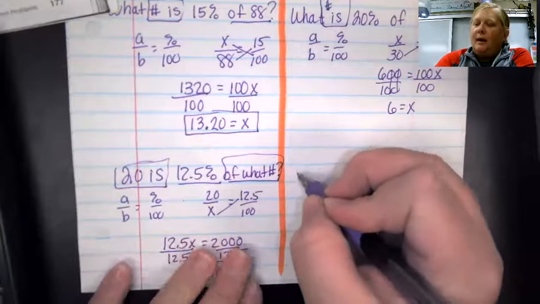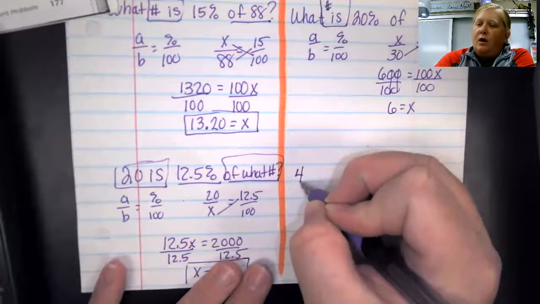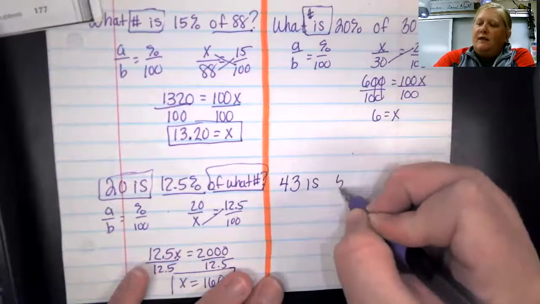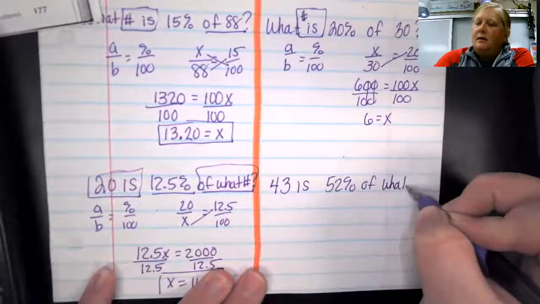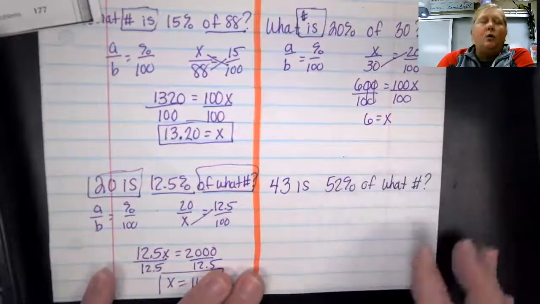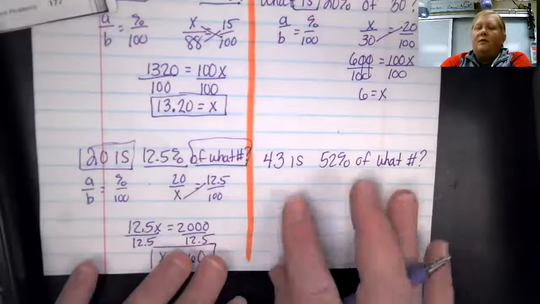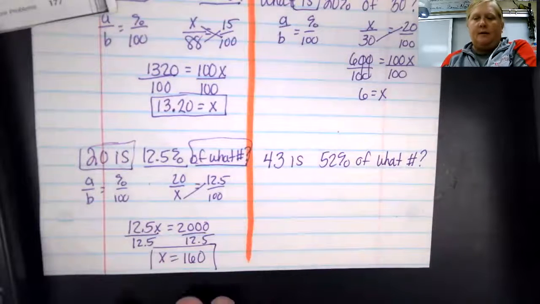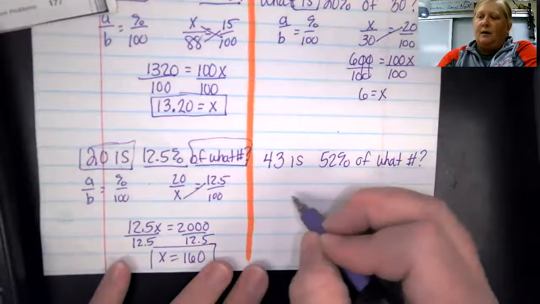Okay, an approval rating. 43 is 52% of what number? So when I surveyed the student body, 43 students said they liked Bosco cheese sticks. How many students were surveyed altogether?